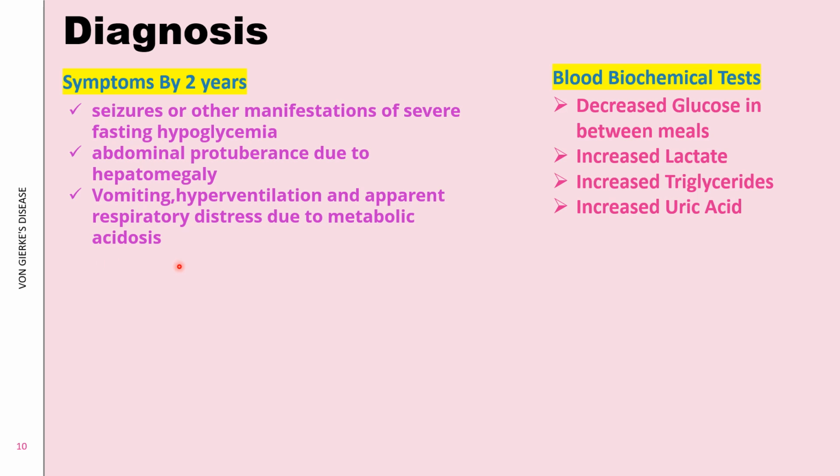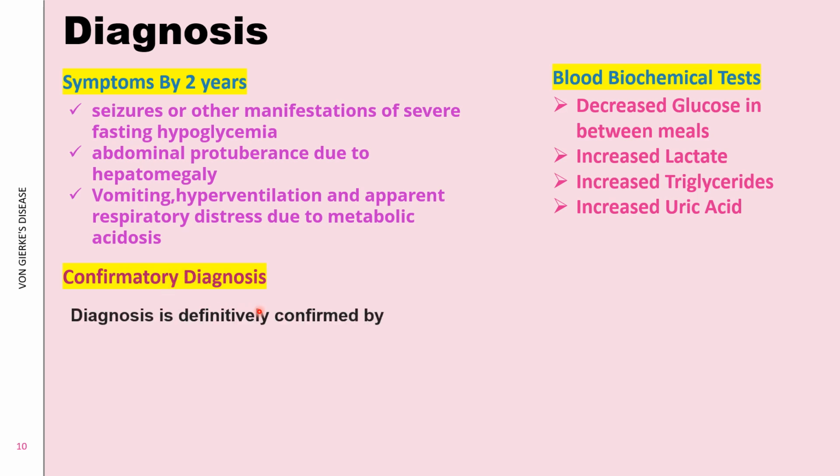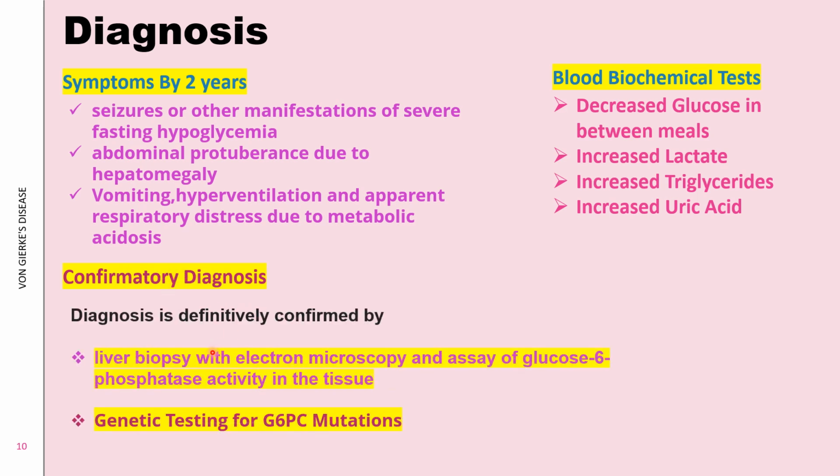Other differential diagnoses for von Gierke's disease include other glycogen storage disorders. Now, the confirmatory diagnosis is done by doing a liver biopsy with electron microscopy and assay of glucose 6-phosphatase activity in the liver tissue.